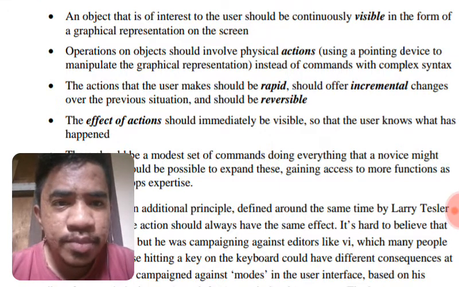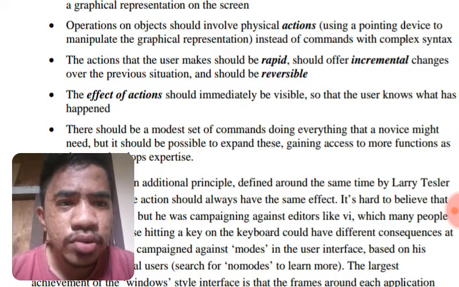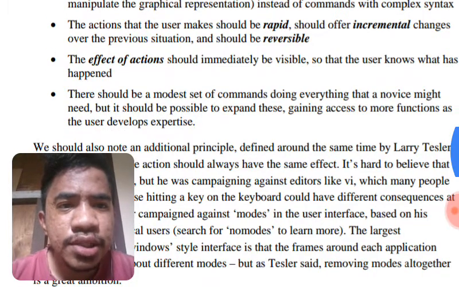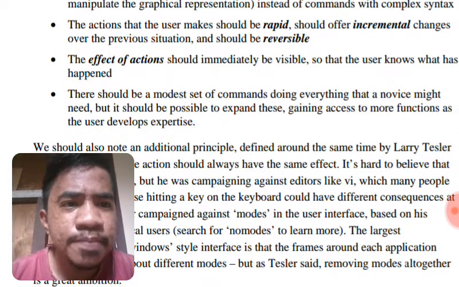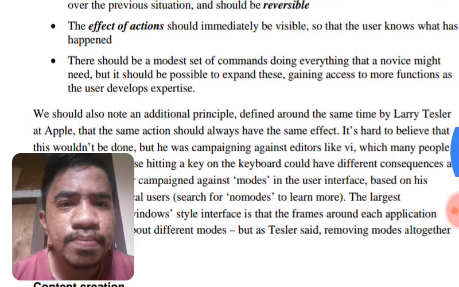The action that the user makes should be rapid, should offer incremental change over the previous situation, and should be reversible. The effect of the action should immediately be visible so that the user knows what has happened.